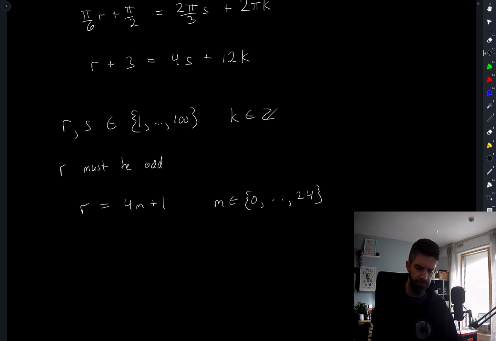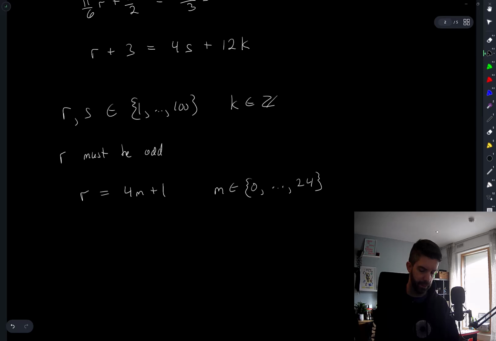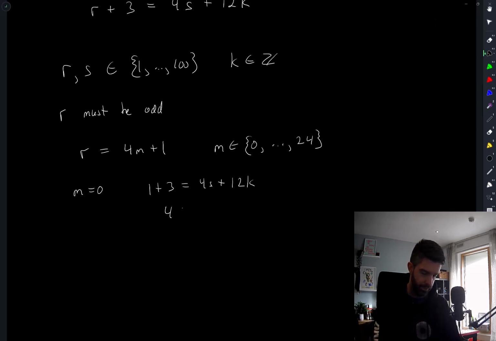And will this now work for every one of these values of m? Right, let's try a few values of m. M is equal to 0. We have 1 plus 3 is equal to 4s plus 12k. 4 is equal to 4s plus 12k. Clearly s is 1 and k is 0, so this works.